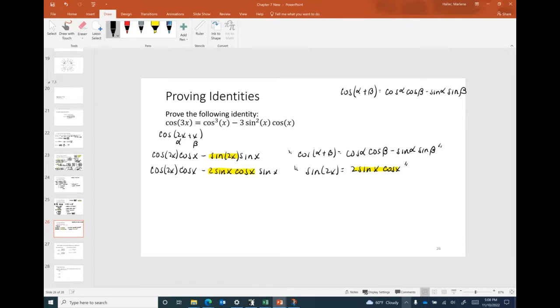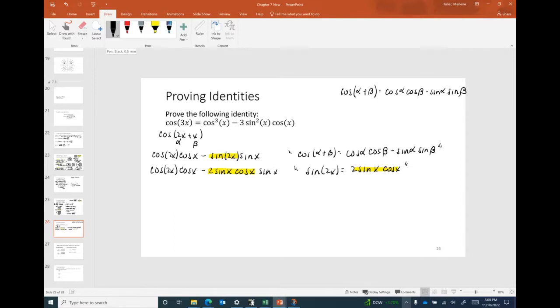Now I have to think about what I want to do. Which version of the double angle for cosine do I want to use? What do I think would be the easiest? I could probably make it happen with any of them, but what would be easier? Well, what do I need to get to? I need a cosine cubed, right?